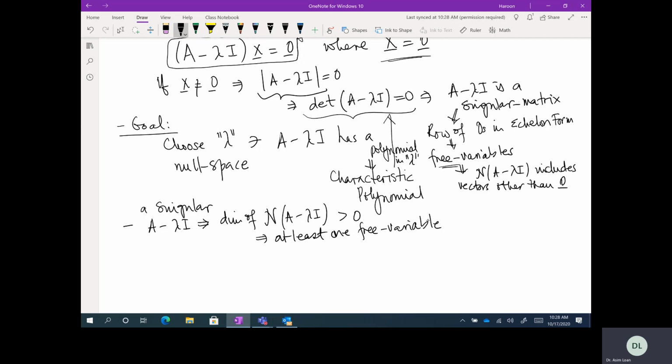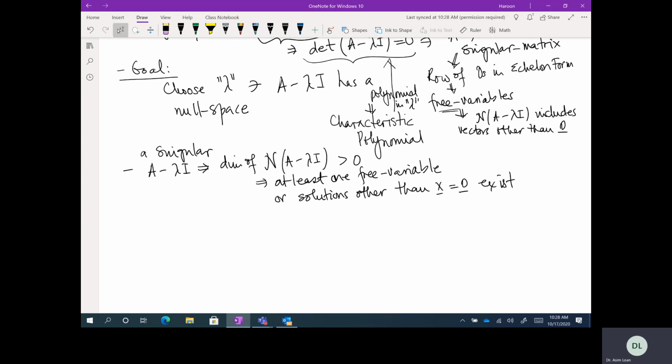This is tying this with chapter 2. At least one free variable, or solutions other than x equals 0 exist.